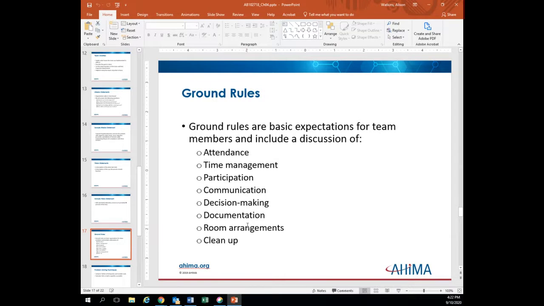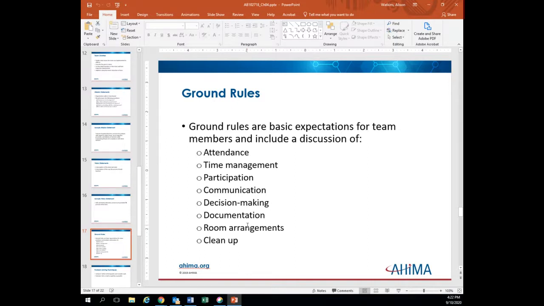Okay, now the next thing that needs to be taken care of as we're forming our performance improvement team is setting the ground rules. And this can be something that the team puts together and documents so that there are some guidelines that they function within.